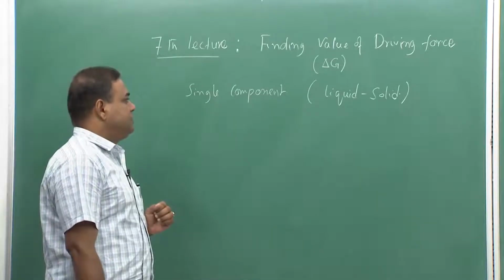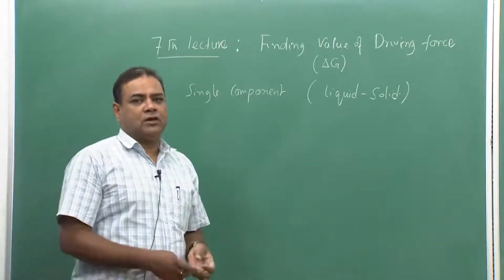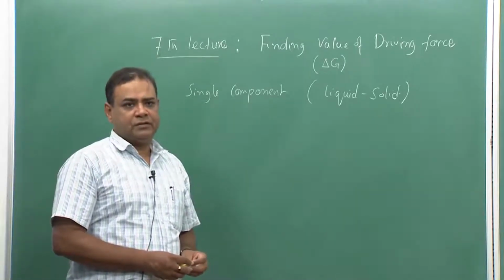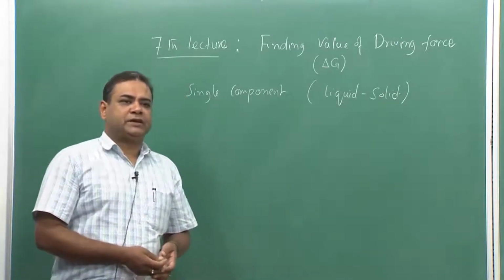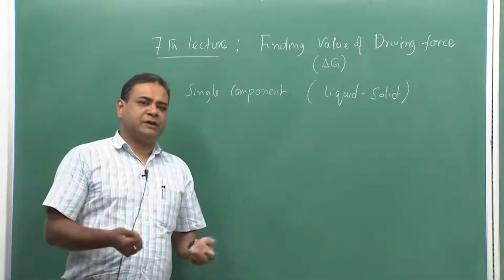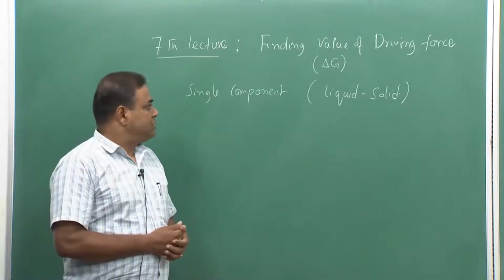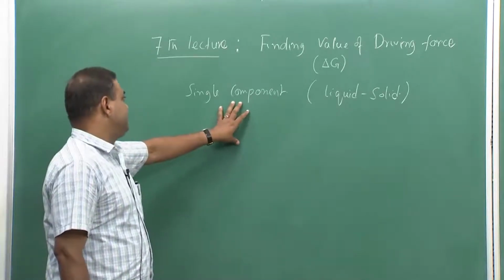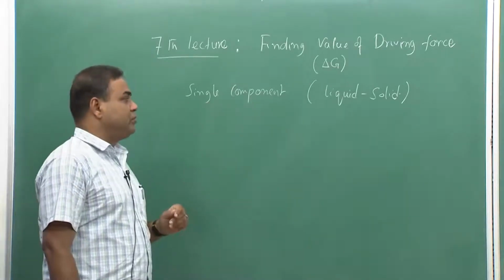In most practical applications we deal with alloys which are binary or ternary, or even contain more than 4 or 5 elements. But before going into the complications, let us handle a simple condition where we take a single component.